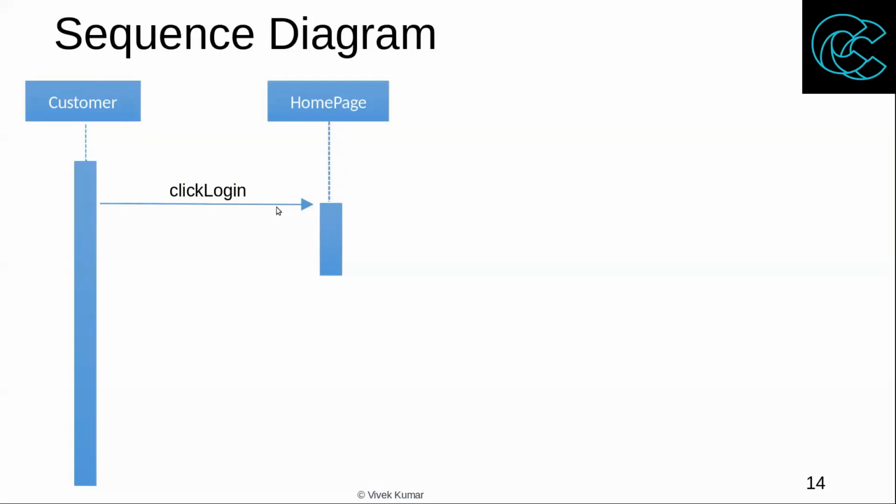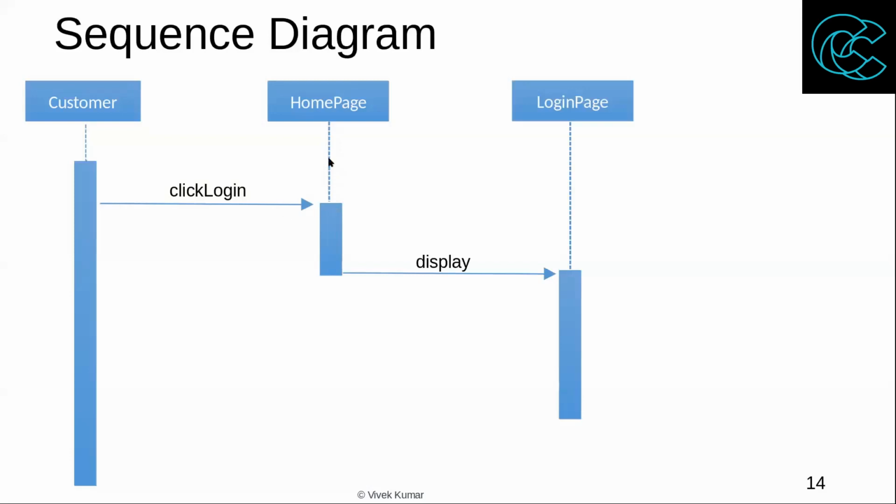and it will be easy to notice all the interactions. So the first step is to go to the home page and you click on the login button. Then the login page appears. Right? At the home page, it's the responsibility of the home page to display the login page. And the login page is now in some way returned to the customer.